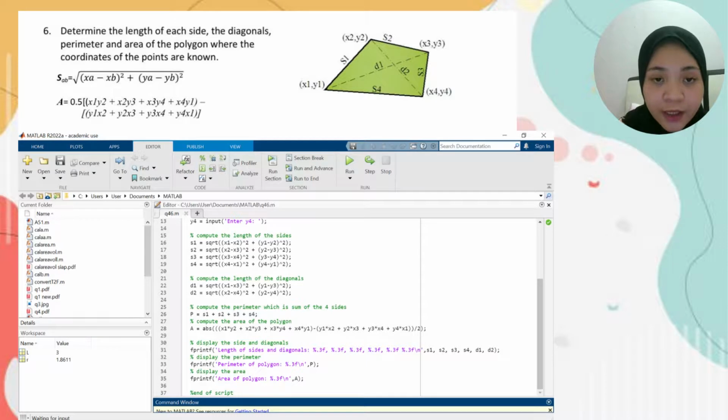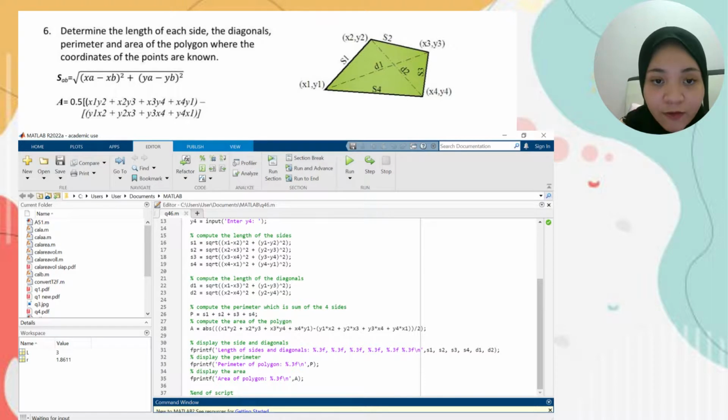Next, we find the sides and diagonals and type display the sides and diagonals. So type fprintf length of sides and diagonals, and then type all of this. And then next, we display the perimeter, type fprintf perimeter of polygon.